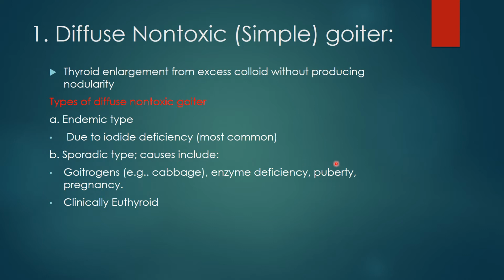Also, some of the causes are enzyme deficiency, puberty, and pregnancy, where there is a functional deficiency of iodide. This also results in impaired synthesis of T3, T4, and this ultimately causes a diffuse non-toxic simple goiter. Clinically, these patients present as euthyroid, that is, their thyroid levels are normal.